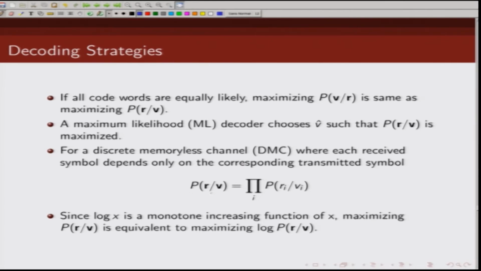So, maximizing this is the same as maximizing this.